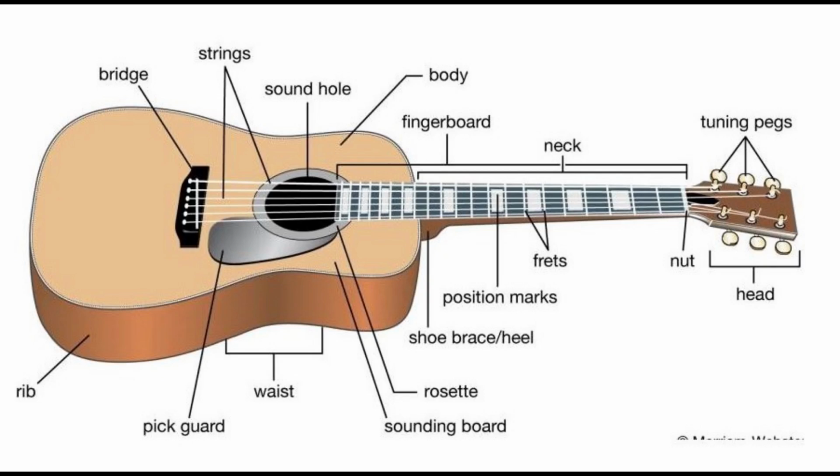The fingerboard, also called the fretboard, is a piece of wood embedded with metal frets that comprises the top of the neck. It is flat on classical guitars and slightly curved crosswise on acoustic and electric guitars. The curvature of the fretboard is measured by the fretboard radius, which is the radius of a hypothetical circle of which the fretboard surface constitutes a segment.